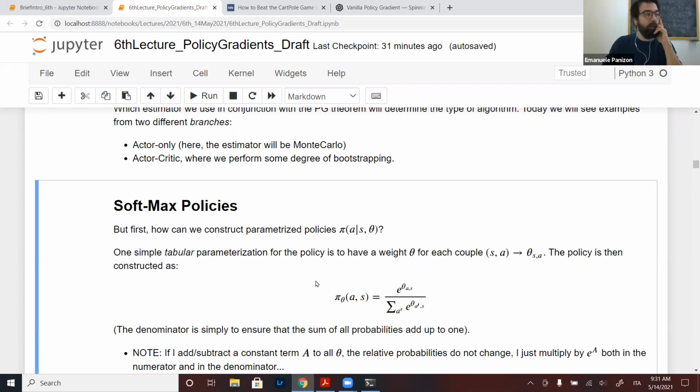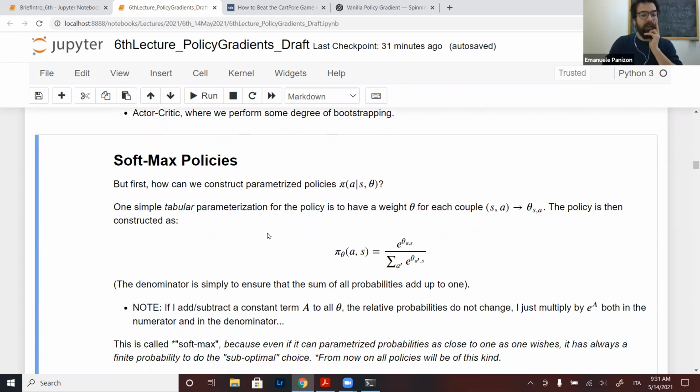And we will use throughout this today is this kind of softmax policy. So it's a tabular way of representing the policy. That is to say that for each couple of state and action, we have one single parameter, which is a theta SA.